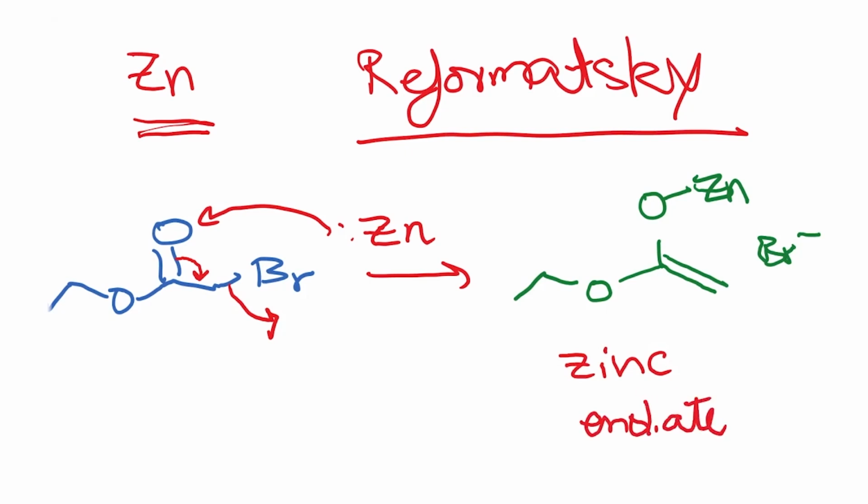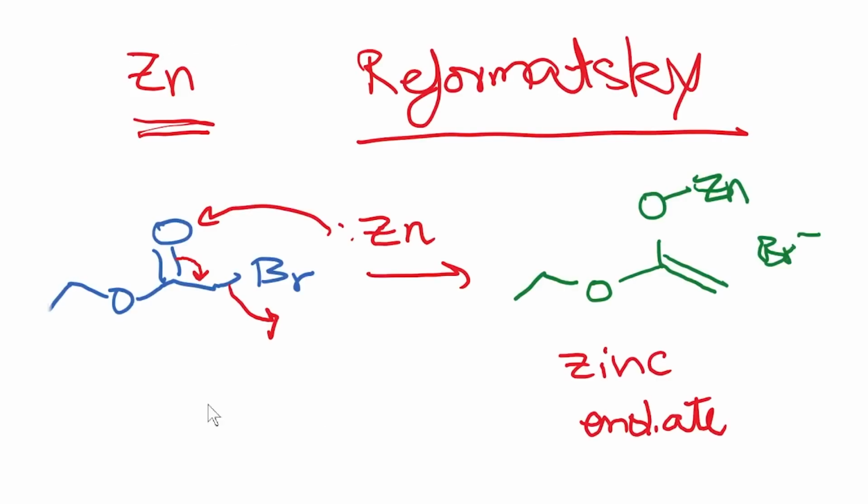Alpha bromo ketones and alpha bromo esters can be easily synthesized from readily available starting materials. So making this compound is really easy, and then you just add some zinc and you produce a zinc enolate. It is a fairly mild process. You don't need to use a strong acid or a strong base to generate the enolate, and therefore this reaction is quite popular. Once you generate this enolate, it can be reacted with an aldehyde or a ketone.